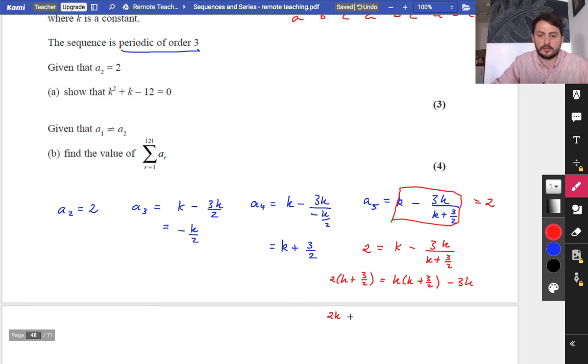Expanding the brackets, 2k plus 3 equals k squared plus 3 over 2k minus 3k. Looks like I'm getting a quadratic here. So where has something gone wrong? Let's see if I've made a mistake. So we've got 3 over 2k minus 2 minus 3. Why have I got that different to this?